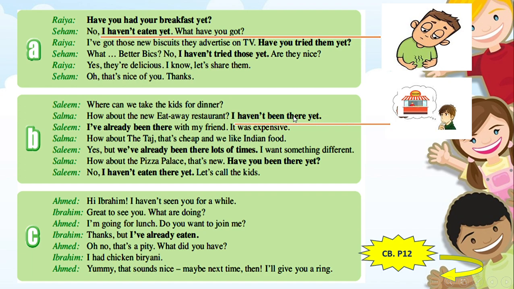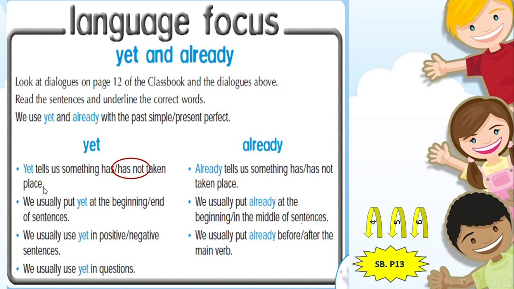Where is yet here? Very good. It is at the end of the sentence. So, what is the correct thing to say? We usually put yet at the beginning or at the end of the sentence, students. Excellent. We put it at the end of the sentence. Okay, let us move on.